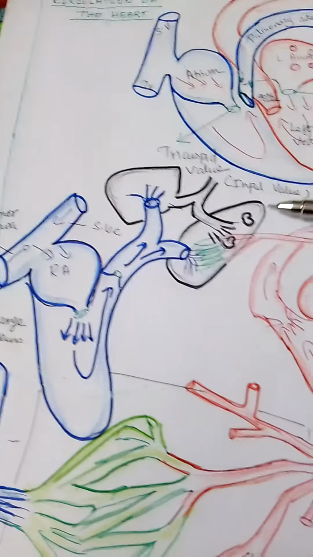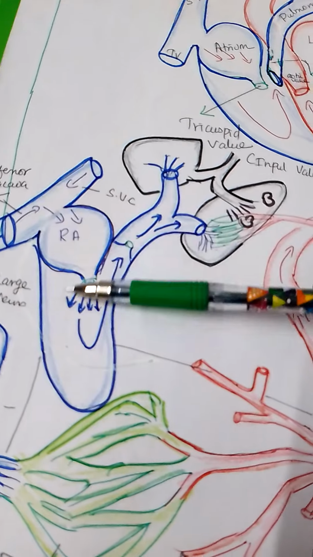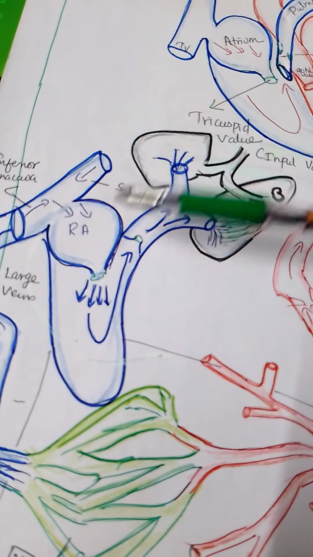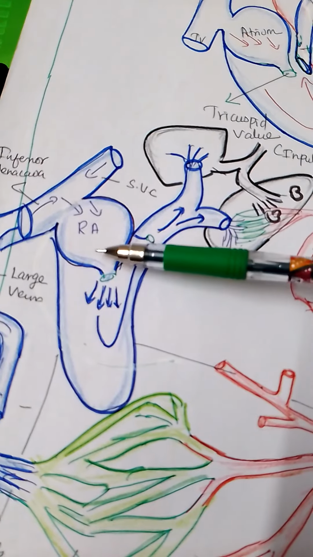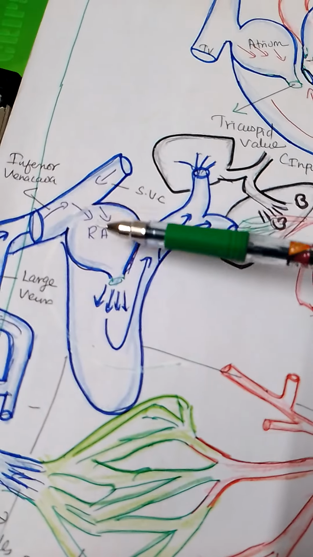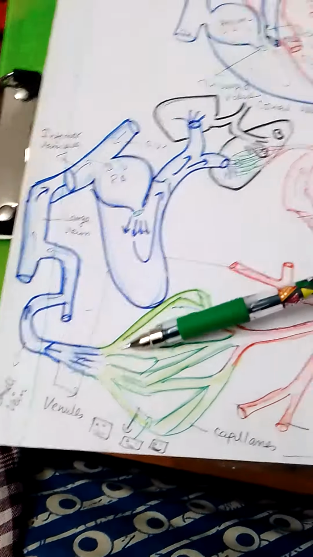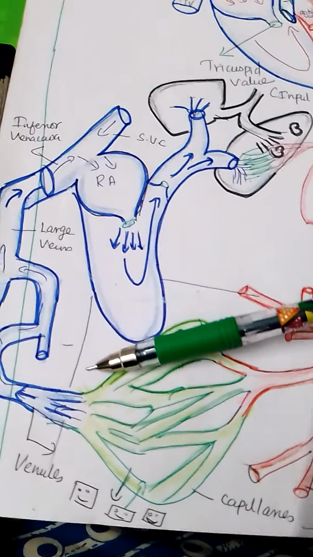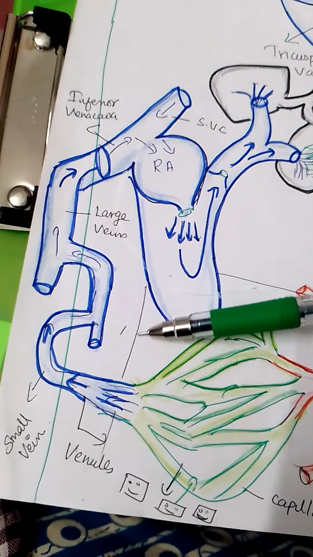Understand? If you see this picture, this is what I have explained now. This is the right atrium, and there are two vena cavas. How do the vena cavas collect the blood? It is from the cells of the body, all called deoxygenated blood.